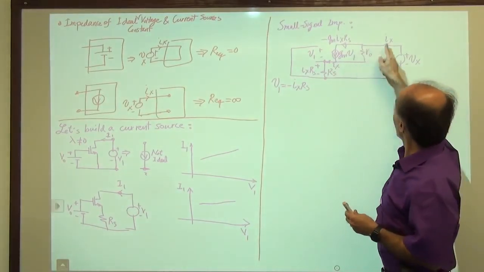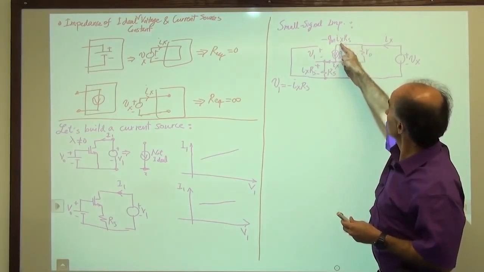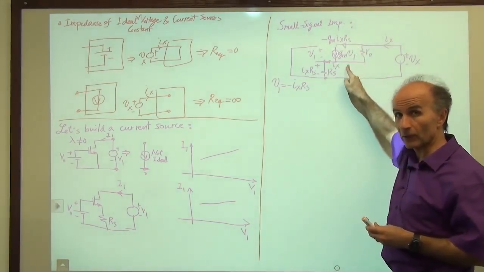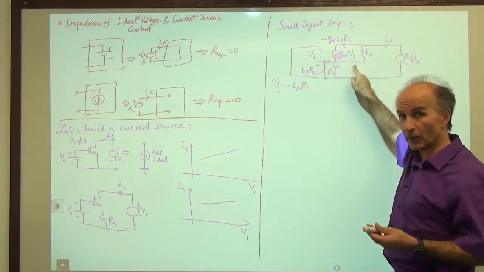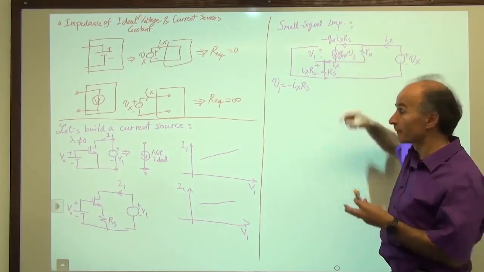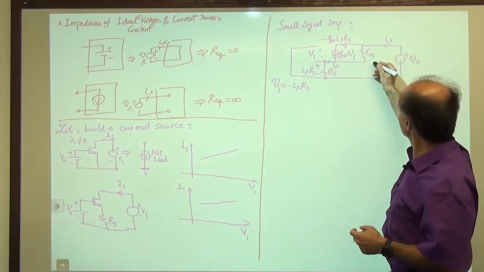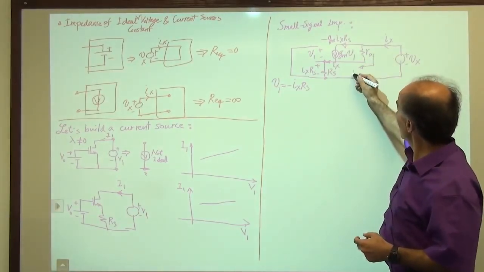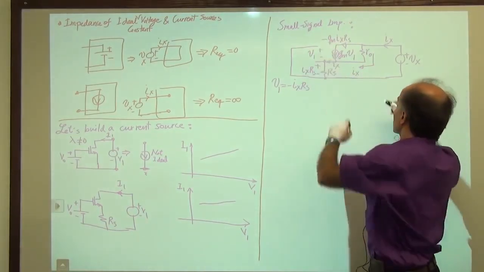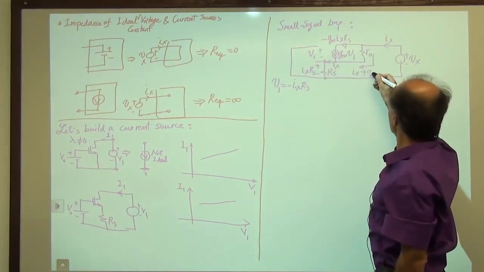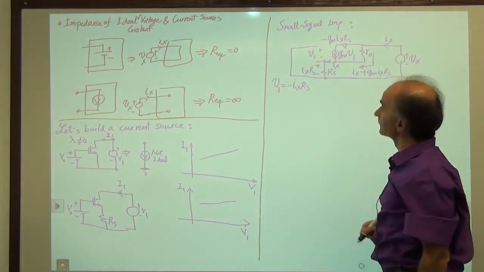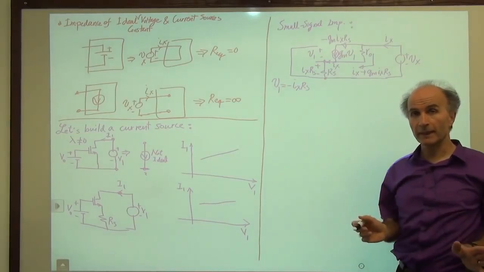All right, so Ix comes in and we lose this much of it. The rest of that current has to flow through RO. So the current through RO is equal to Ix minus this current, so Ix plus gm Ix times RS. So step by step.